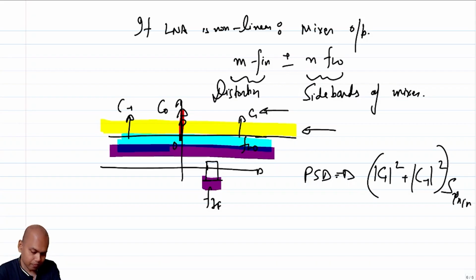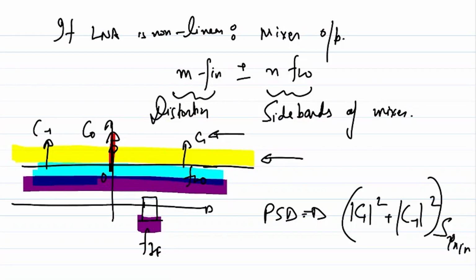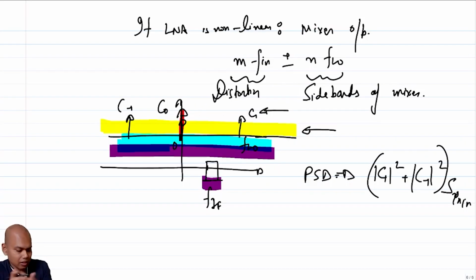S in, correct? But what about the signal? Signal will only appear around FLO plus FIF, correct? So let's say this is the signal.